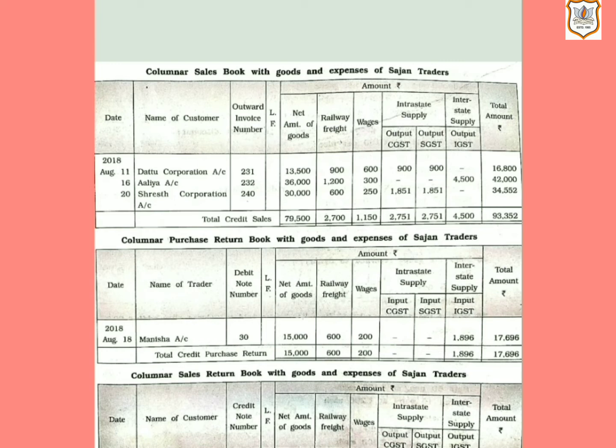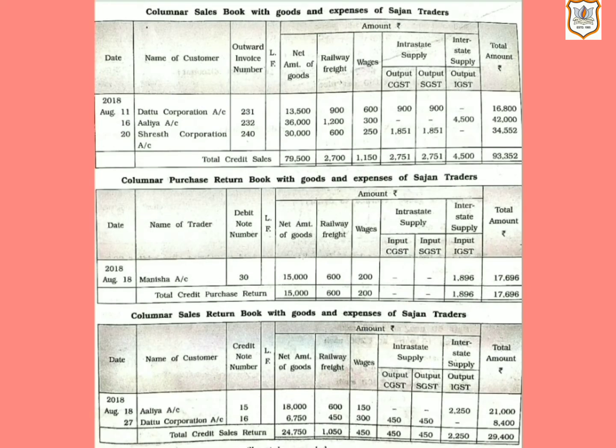Here first we will write date, that is 16th. Then name of customer, Alia account. Outward invoice number 232. Then if we add 20% profit to 30,000, that gives you 36,000. So goods worth rupees 36,000 sold to Alia.